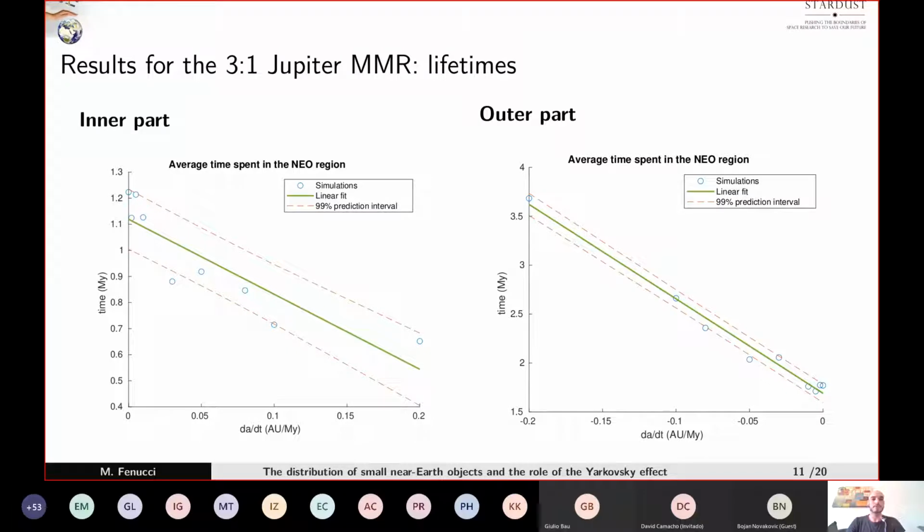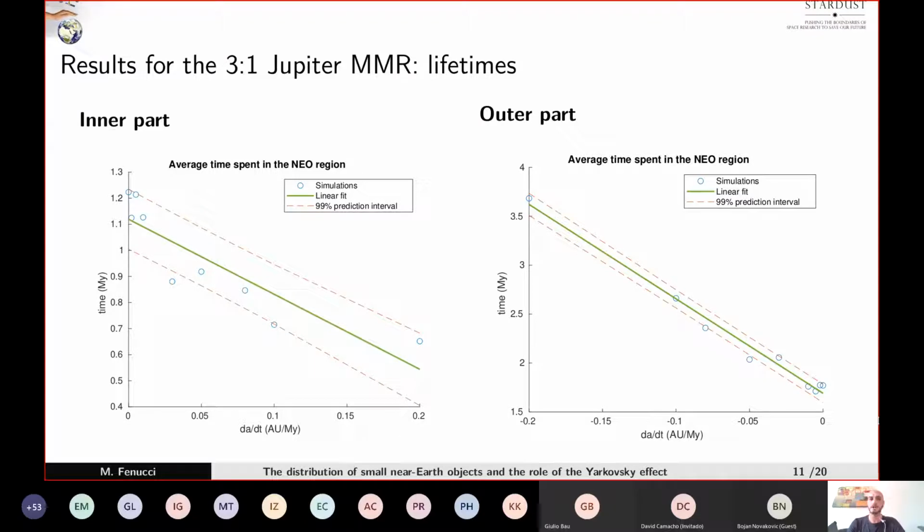So on the left-hand side, we can see the results for the inner part of the resonance, and on the right-hand side for the outer part. For the inner part, the blue circles correspond to our simulations. And we can see that as the magnitude of the drift increases, the lifetime is decreasing.